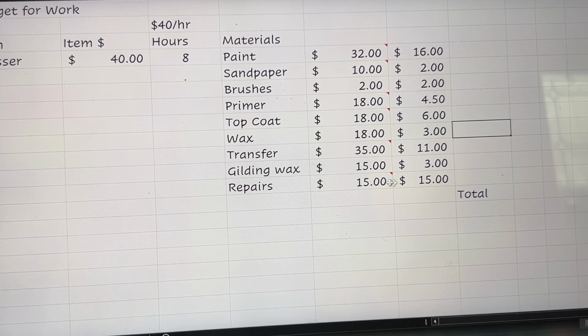And on a good day, it probably wouldn't be more than $15 worth of materials to do that. Some days are going to be worse than others. Some days you're going to be buying veneer, and you have to consider that separately and always charge for what it costs you, because you want to recoup all your investment, or we hope.